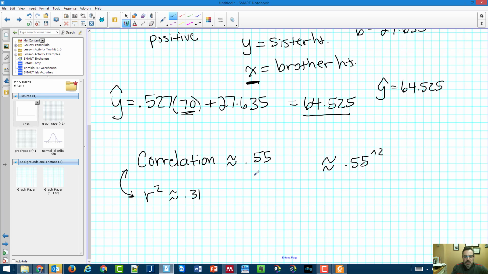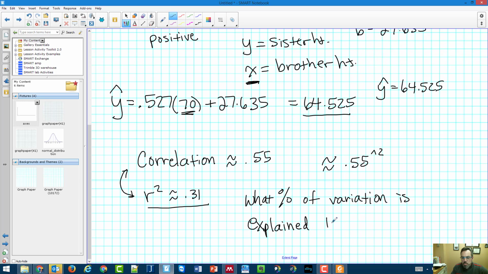The correlation tells me that this looks like it's going to fit a line. What r squared really tells me is what percent of the variation is explained by my line y equals 0.527x plus 27.635.